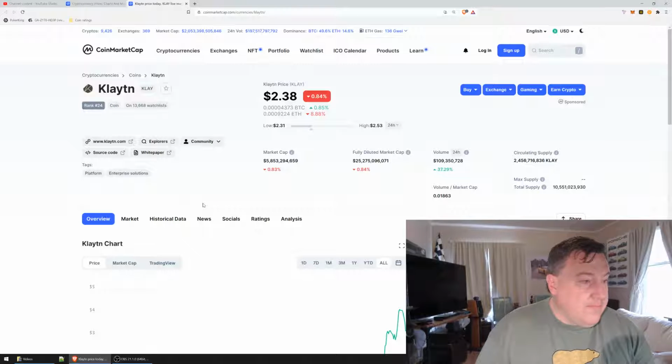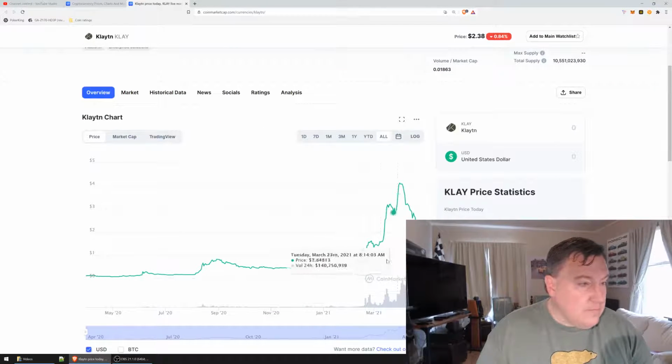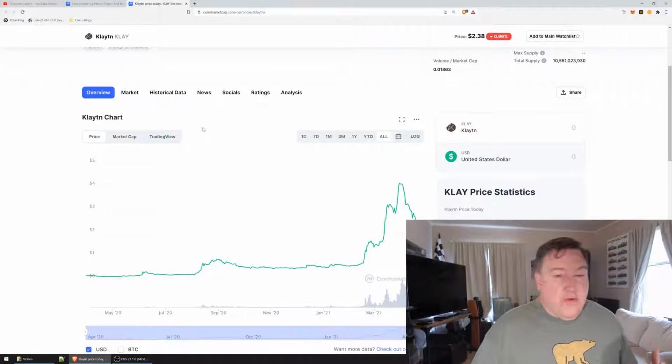So Clayton, when you go in, you see a chart, and what I think is the most interesting part of this page is this market area. I would want to gray out most everything on this page. I take it with a grain of salt. I don't believe the chart. I don't believe these numbers over here.